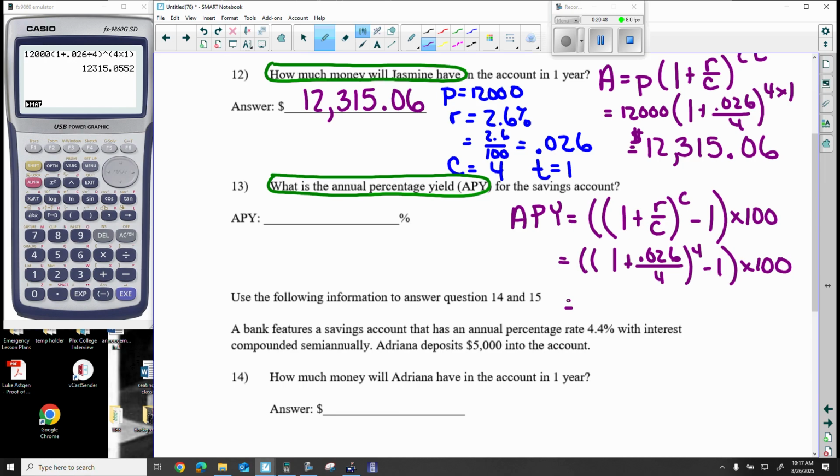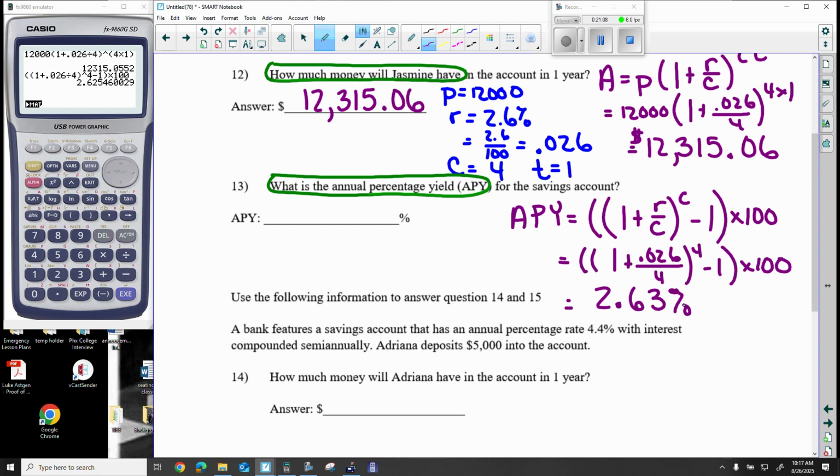So here we go, double open, 1 plus 0.26 by 4, close to the 4 minus 1 times 100. And this is going to be 2.63%.